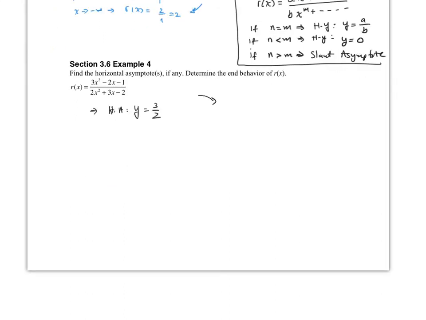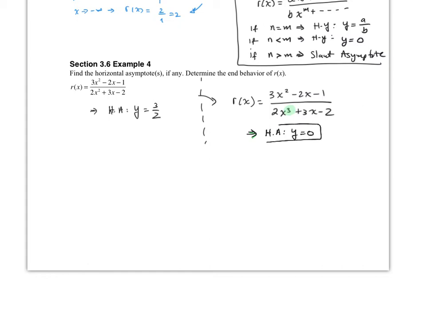Now, if you just change one exponent, so let's say the r of x was equal to 3x squared minus 2x minus 1, but the bottom was now 2x cubed plus 3x minus 2, so this is the only change right here, the exponent. So now the one on the bottom is bigger, so that implies the horizontal asymptote is going to be y equals 0. And yes, it is that easy, okay?